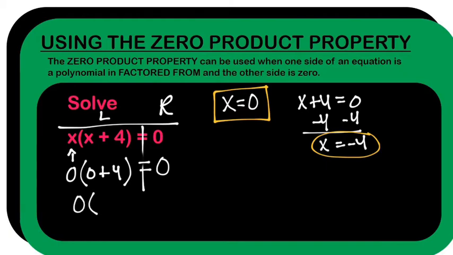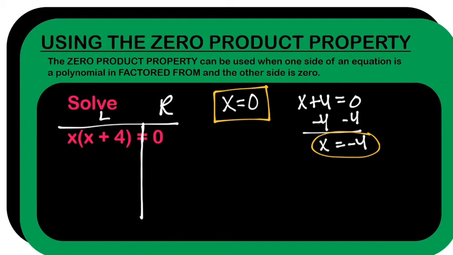The 0 in the parentheses, 0 plus 4 is 4. And 0 times 4 is 0. So in this particular case, we found out that yes, 0 is a solution because it turned the problem into something where the left side of the equal sign is equal to the right side of the equal sign.